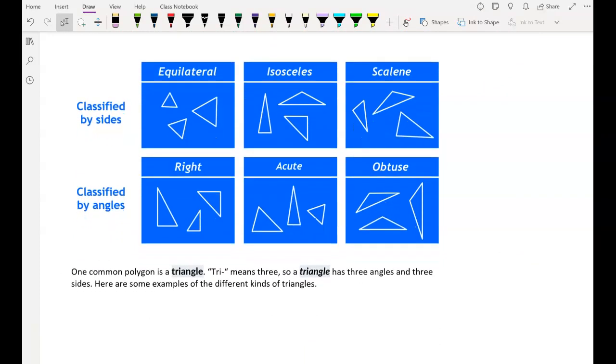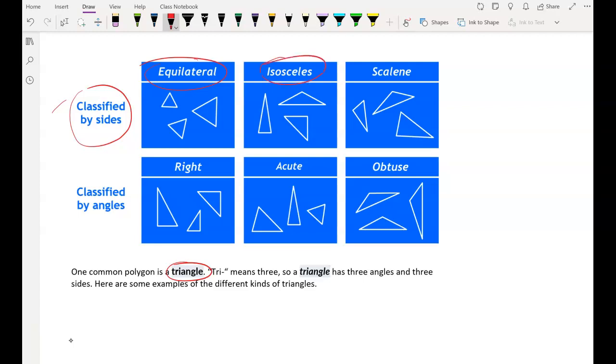Now, one common polygon is called a triangle. Tri, of course, means 3, so a triangle has 3 angles. And because it's a polygon, it also has 3 sides. And these are some examples of the different kinds of triangles. You can classify triangles by their sides. For example, an equilateral triangle has all 3 sides that are the same length.